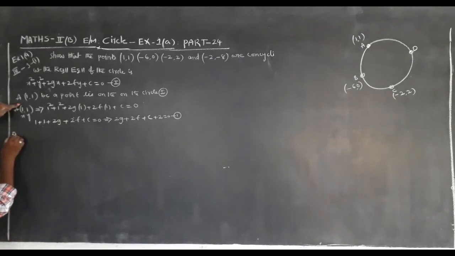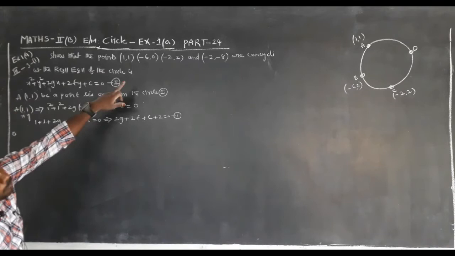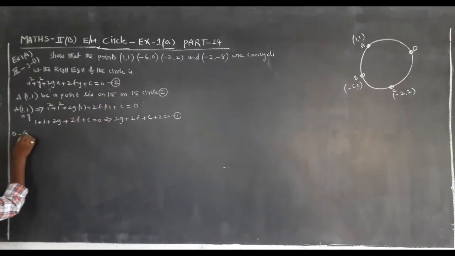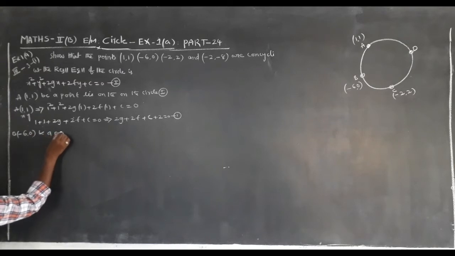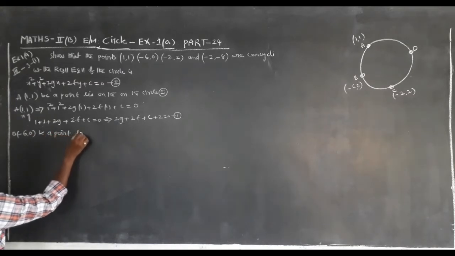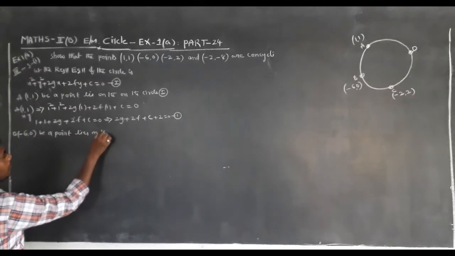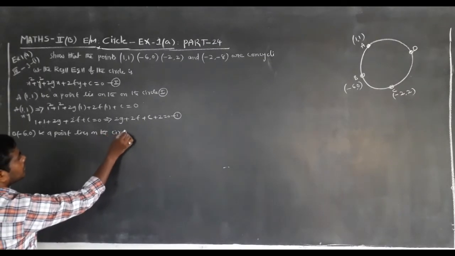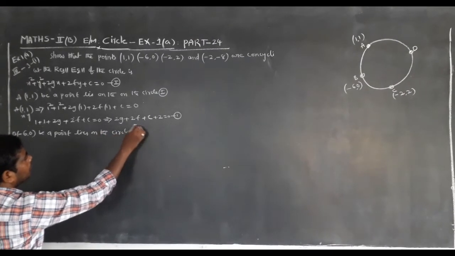Next, B point, B(-6, 0), lies on the circle 1.